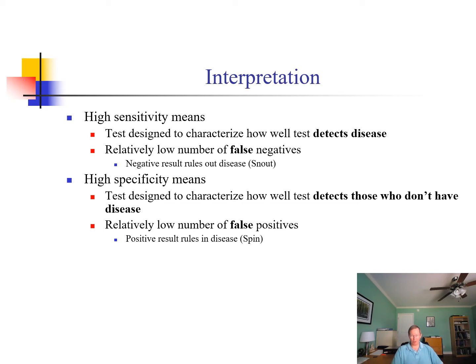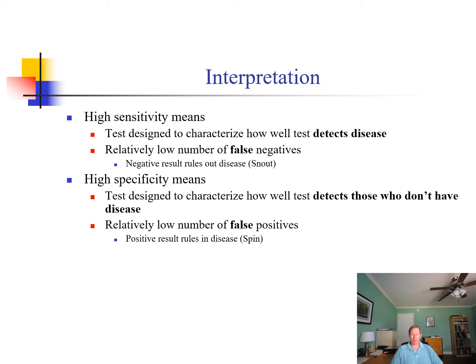Another way of looking at that is that a highly sensitive test means it's detecting the disease, and it has a relatively low number of false negatives. Therefore, if you have a negative result, it pretty much rules out the disease because there are a low number of false negatives.